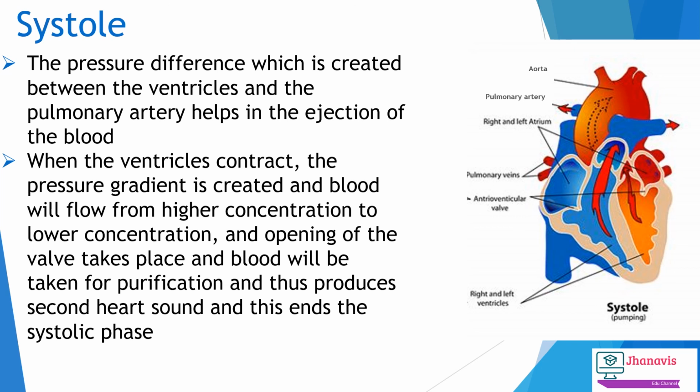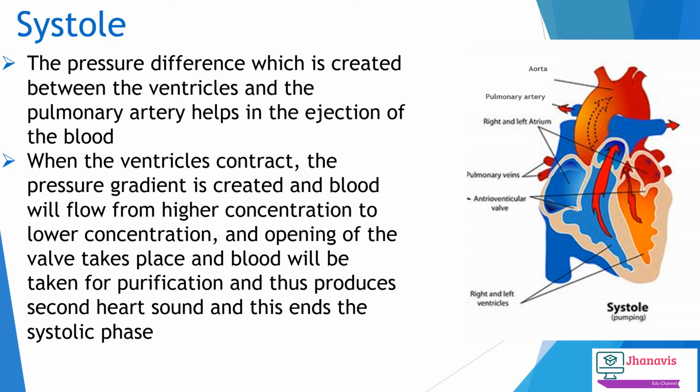When you see an ECG, you should be very clear what is happening in the heart. Any doctor, for that matter, will learn this only with the help of the ECG. How your heart works mainly depends upon the ECG. If you are not able to understand the ECG, then it is very difficult to understand the cardiac cycle. So it is very important that you concentrate on diastolic pumping and systolic pumping.